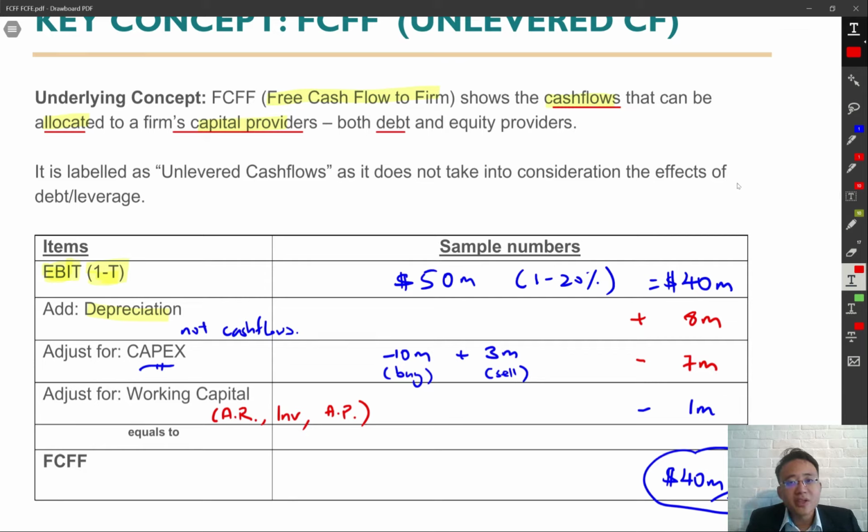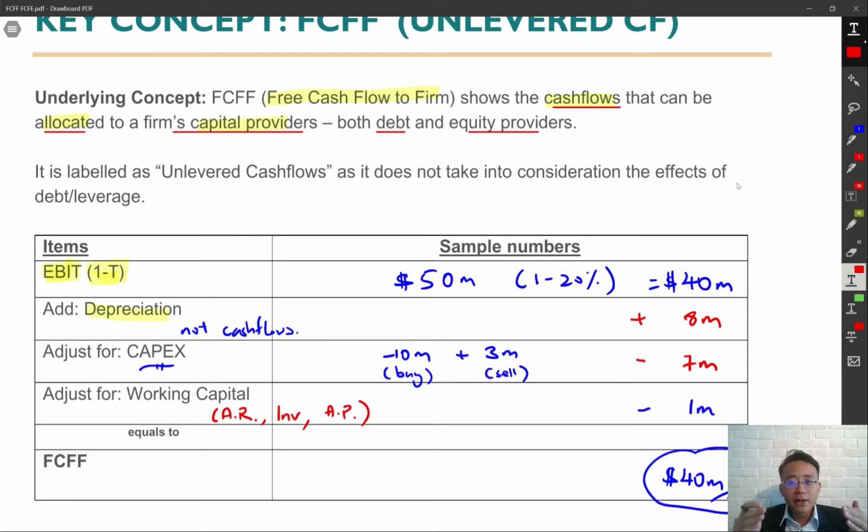And if I have certain debt that is due, I have to redeem the debt. I can take some of the money from the 40 million and give our debt holders the money they deserve. Now, after that, whatever is left, who does it go to? It goes to equity providers, our shareholders. This is free cash flow to firm.